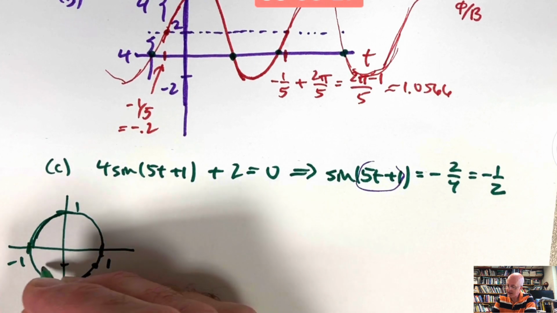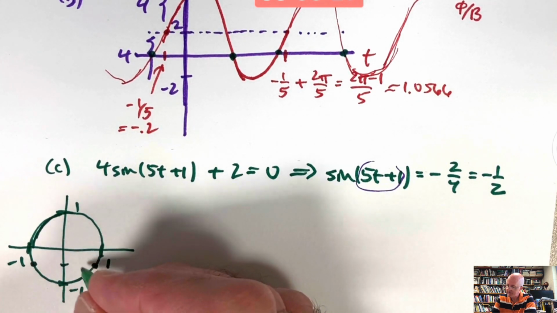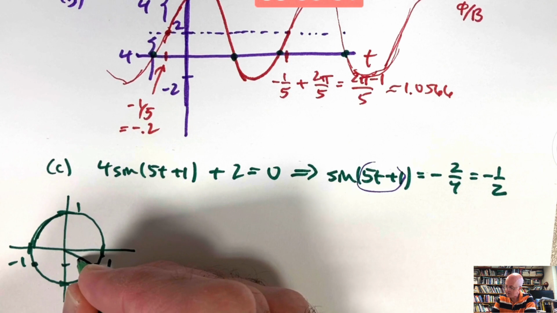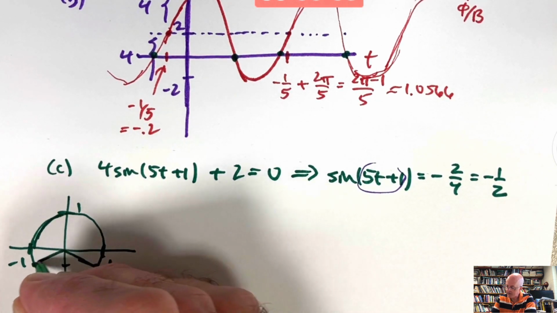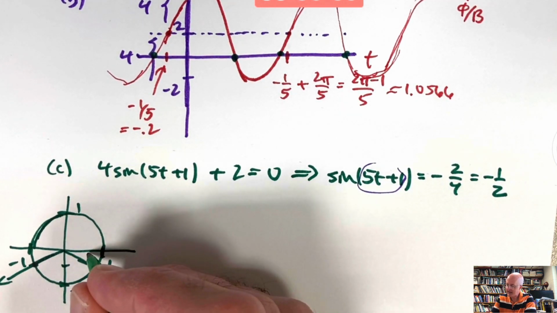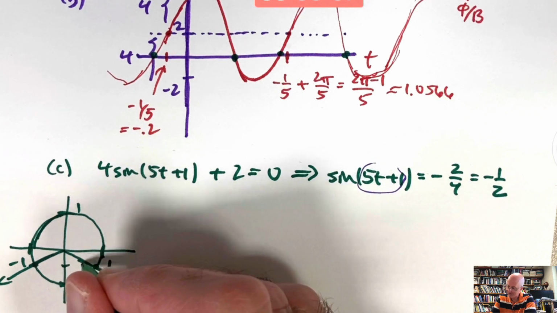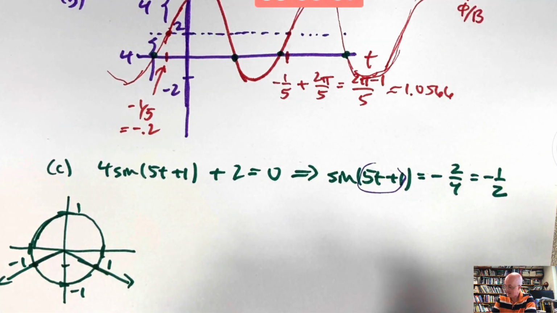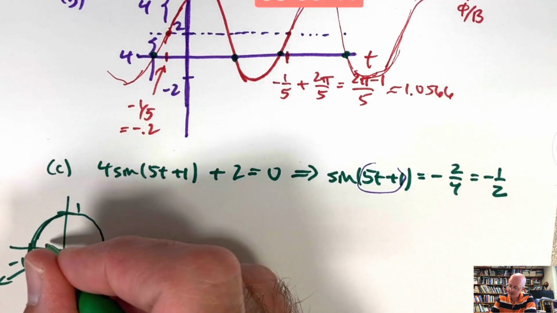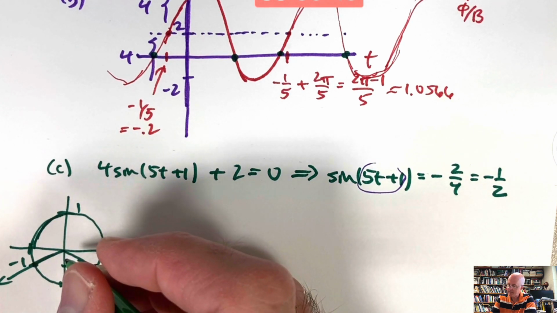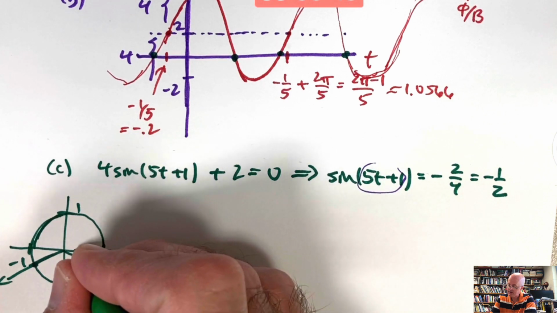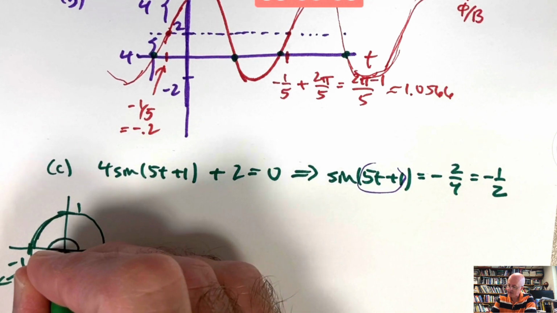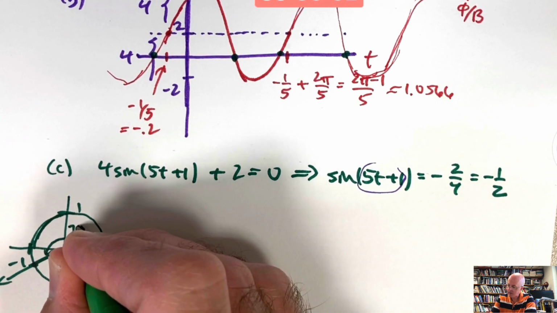So we're after angles, so to speak, that the rays intersect the unit circle about there and about there. And one angle there is going to be negative pi over 6. Another angle is going to be pi plus pi over 6, which would be, what, 7 pi over 6, for example. That right there is 7 pi over 6.